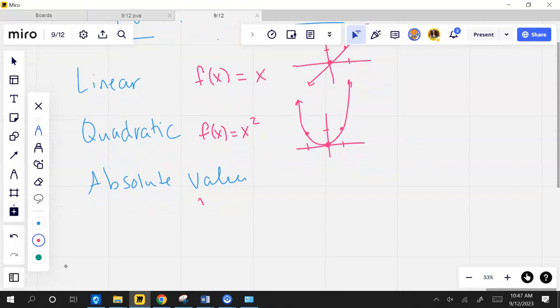And then absolute value is, of course, what we've been doing, and it has the exact same points that the quadratic has, but what's the difference in the graph here? It's a V instead of a U, right? Instead of curving and being smooth, it is a sharp corner.